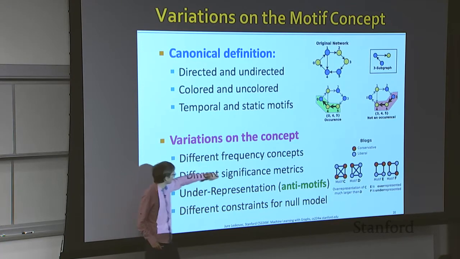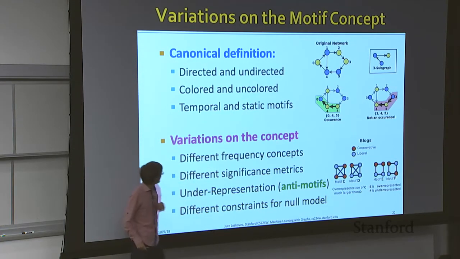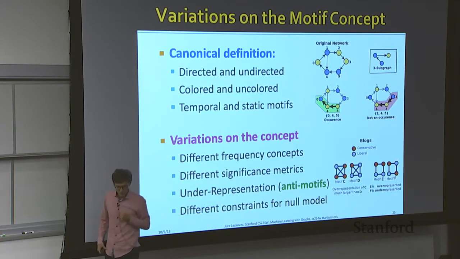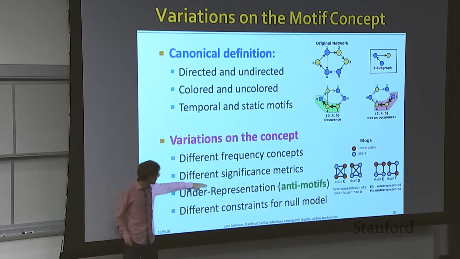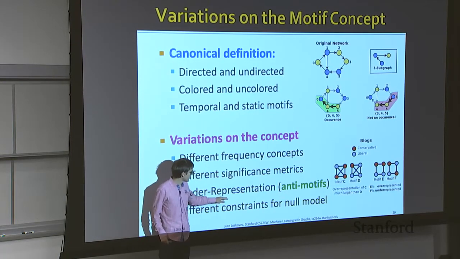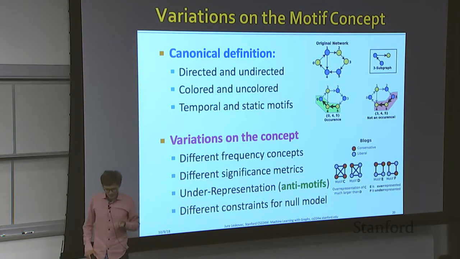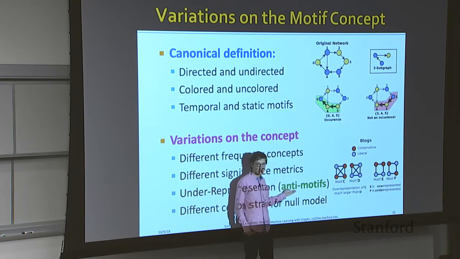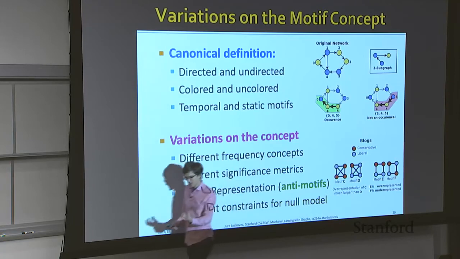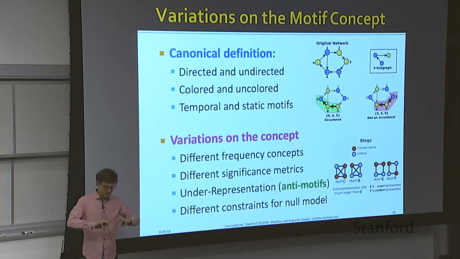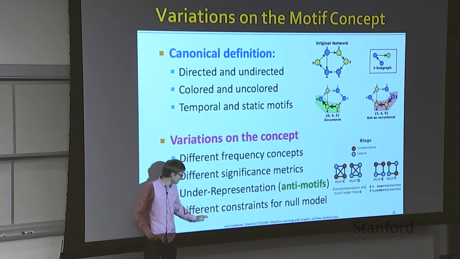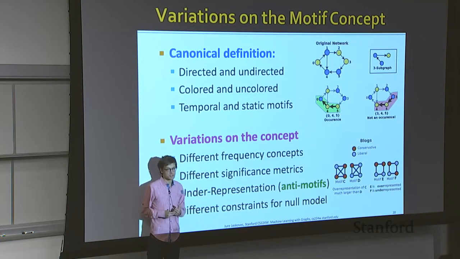You can think about variations of this concept in terms of how we capture the notion of frequency. There are many different significance metrics. You can also think about motifs that are underrepresented, what you can think of as anti-motifs, something that does not occur, but its complements tend to occur. And you can also think about using different null models to compute these z-scores, right?